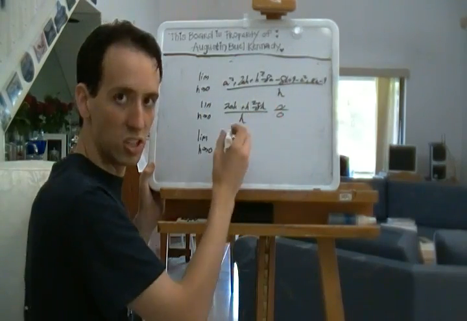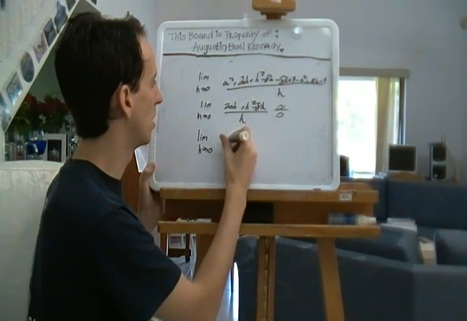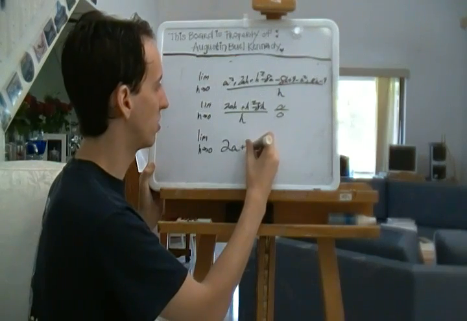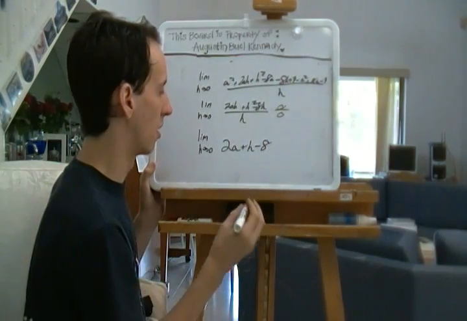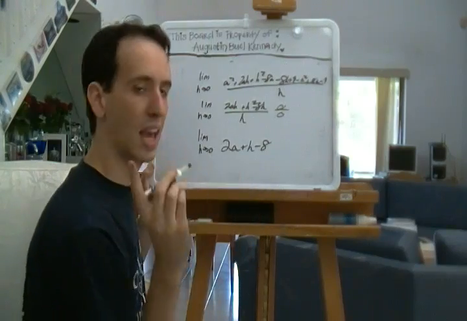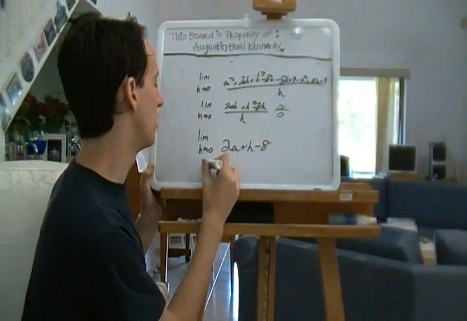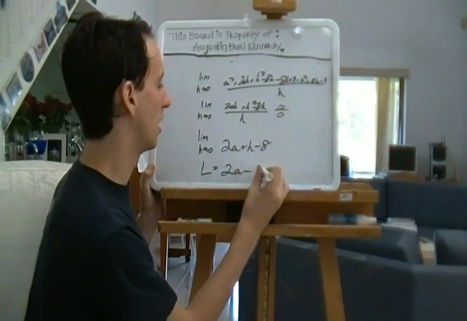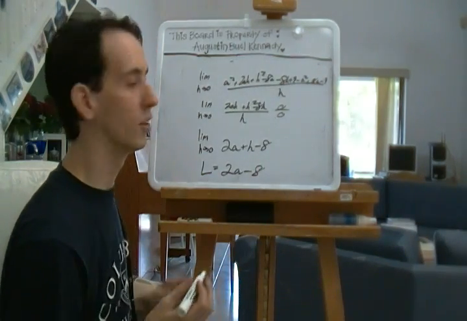So we divide by h, common factor there, and we get the limit is 2a plus h minus 8. And if h goes to 0, we can do direct substitution. That limit is 2a minus 8, which is exactly right.